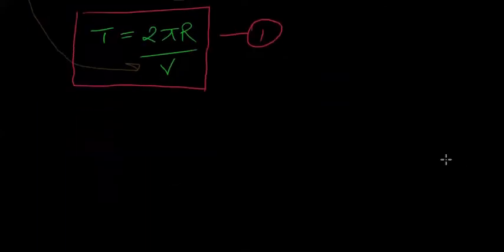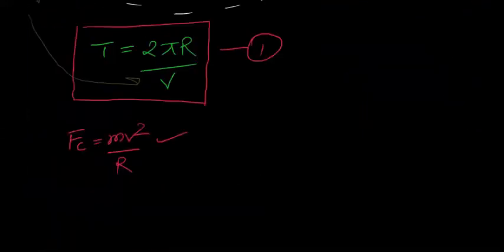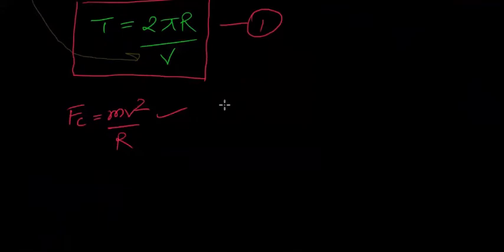We also know that for a circular track, the net centripetal force is equal to m v square by r. Here the sun is there, and r is the radius of the track. The gravitational force will come into play, acting as the centripetal force for the planet to be in a circular track.